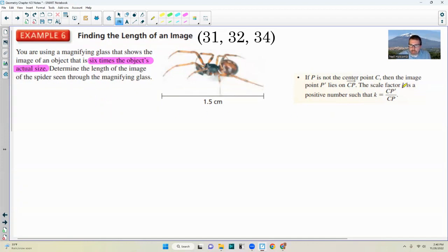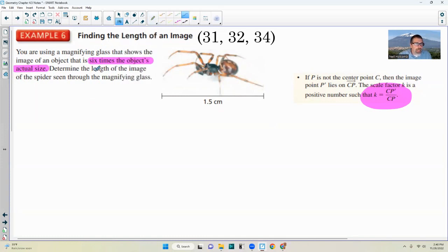Okay, so remember, it is this rule right here. All right, k equals CP prime over CP, where the new image, the copy of the pre-image, is on the top and the pre-image is at the bottom. So here we go.